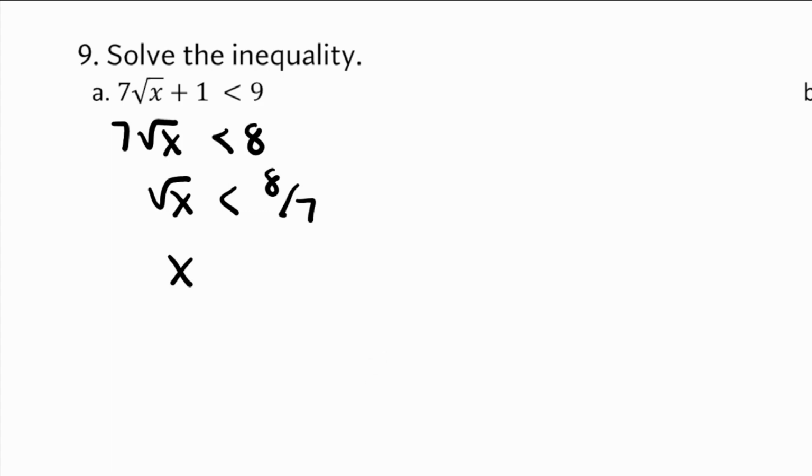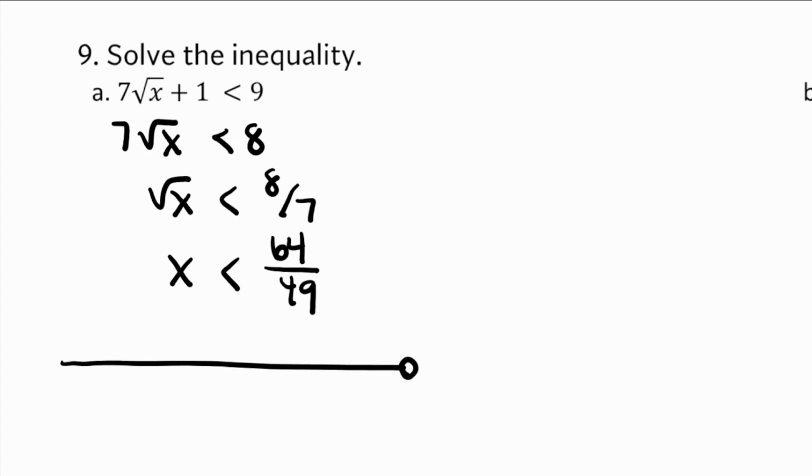I'm going to square both sides and get 64 over 49. So that would lead me to think, all right, well, here maybe I've got 64 over 49, and I've got everything that's less than it. That would be what I'm thinking is my solution. But then I need to also consider the radicand.